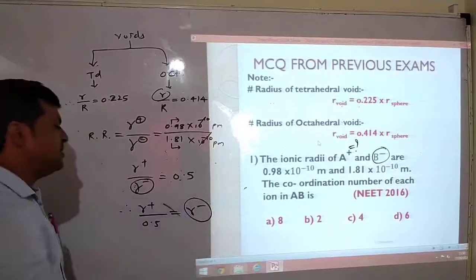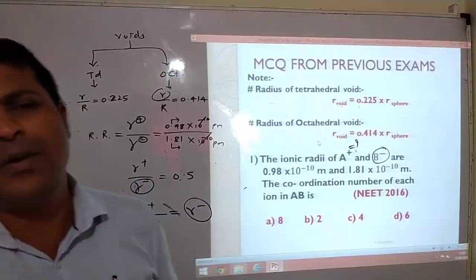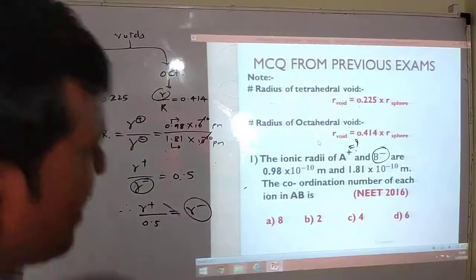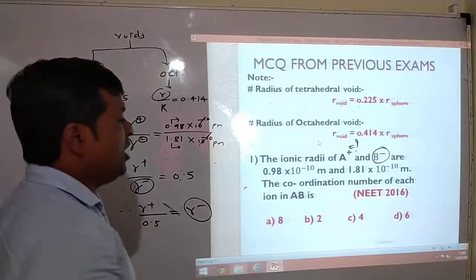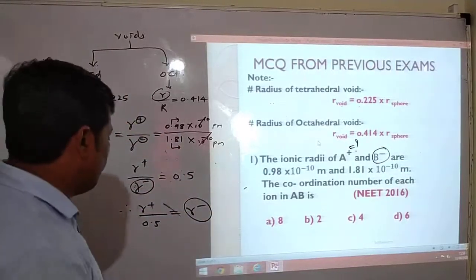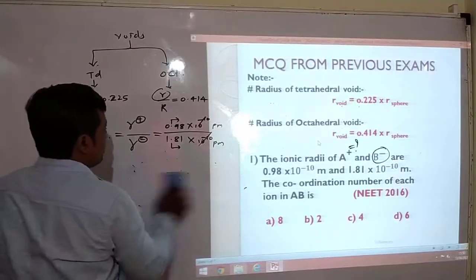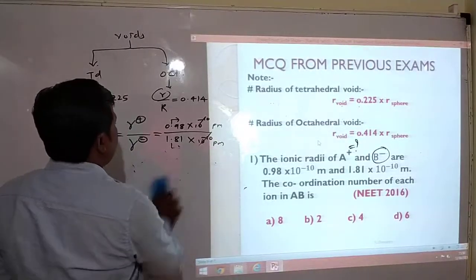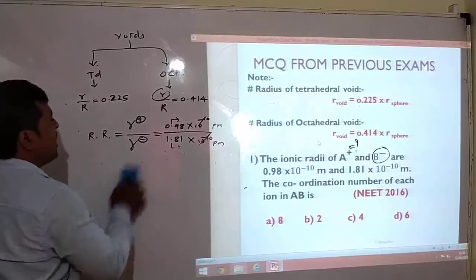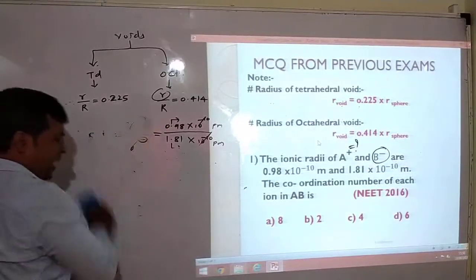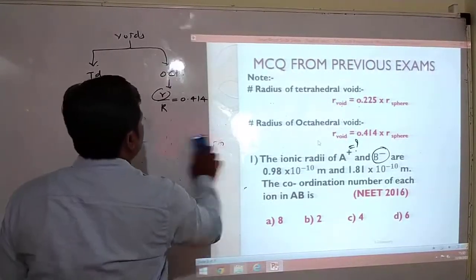So you can easily calculate the radius of any cation or anion if the radius ratio is given.